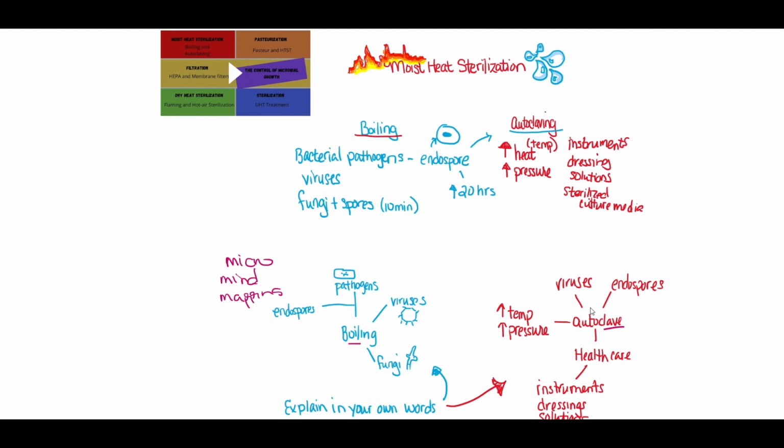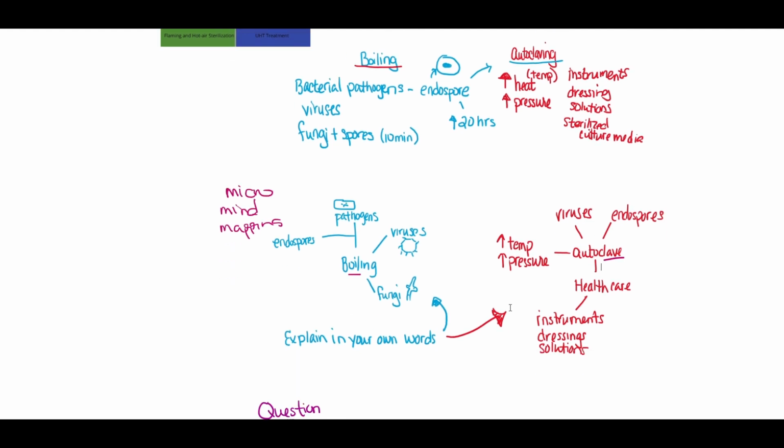Autoclaving is used in healthcare to sterilize instruments, dressings, and solutions. So once you learn about boiling and autoclaving, then you'll do your micro mind mapping. Repeat that a few times until you have it down, and then explain it in your own words.